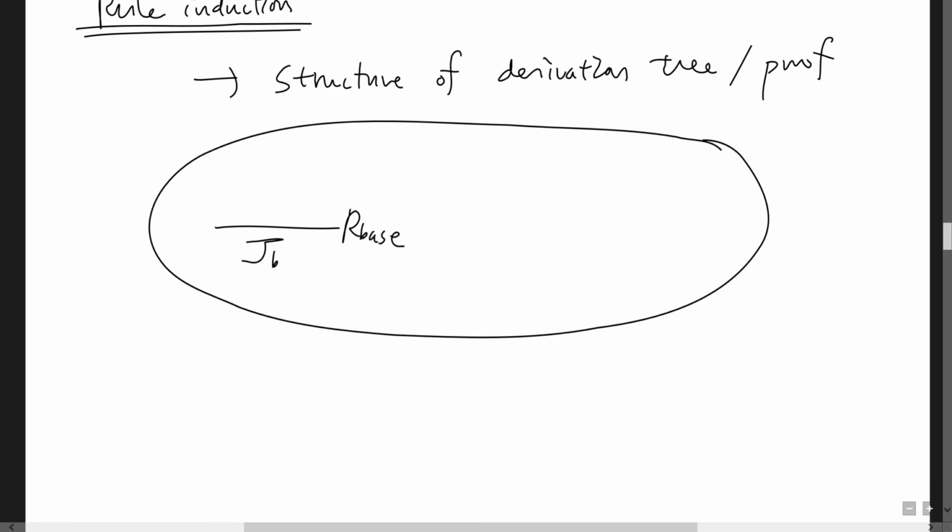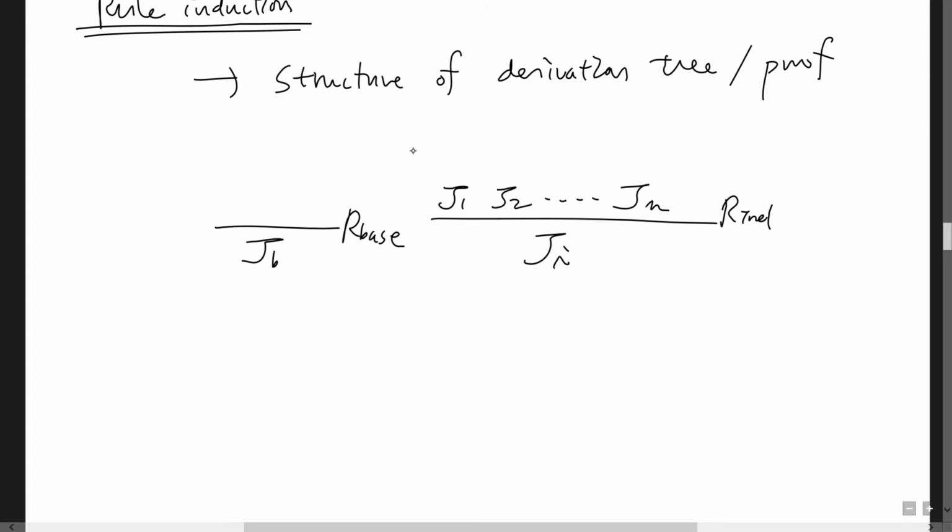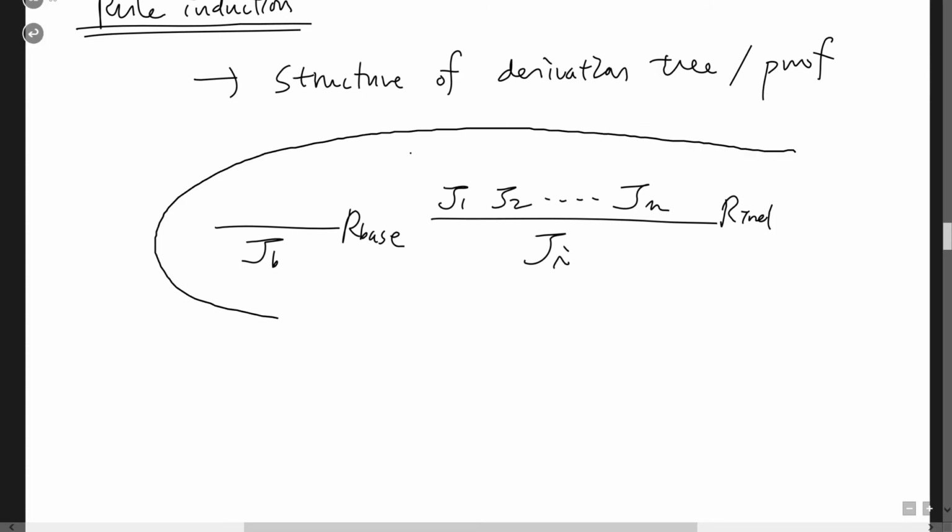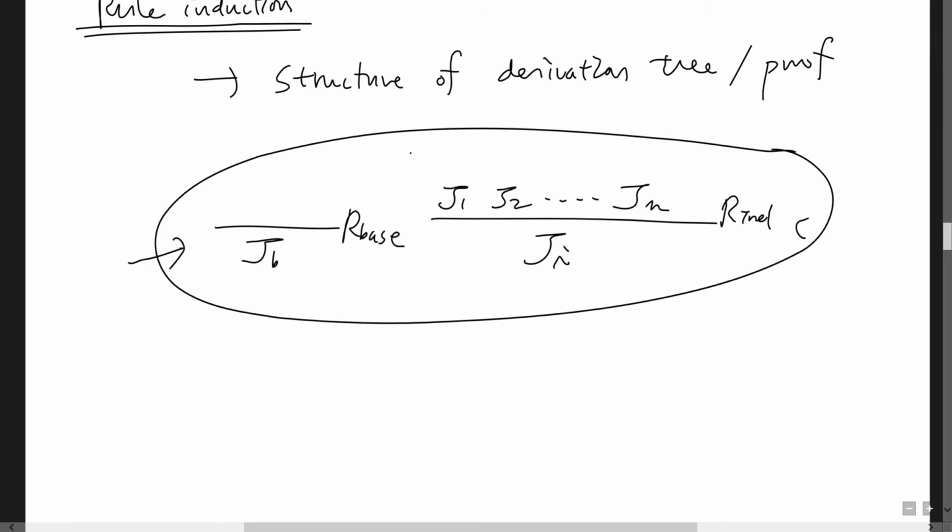And we have another inference rule which has these judgments as premises and the conclusion JI. Let's call this rule induction. So in this system, we have two inference rules where this is an axiom. This is of the general form.